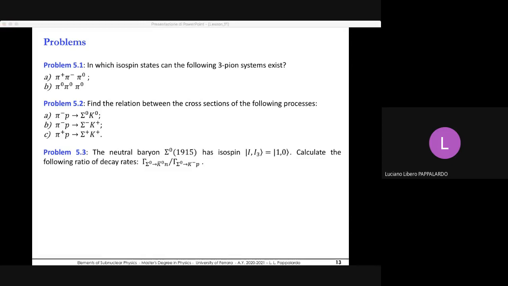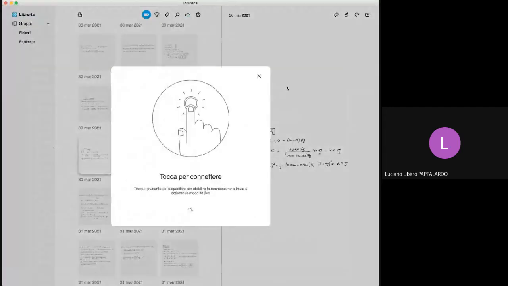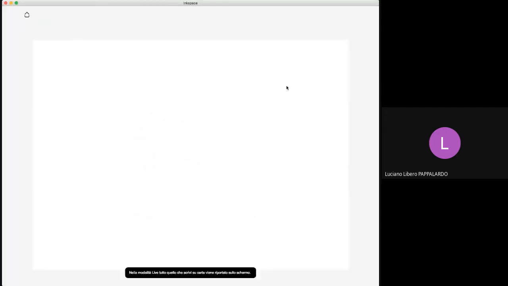So let's move on to the whiteboard. Okay, so this is problem 5.3. Let me copy here the data of the text.